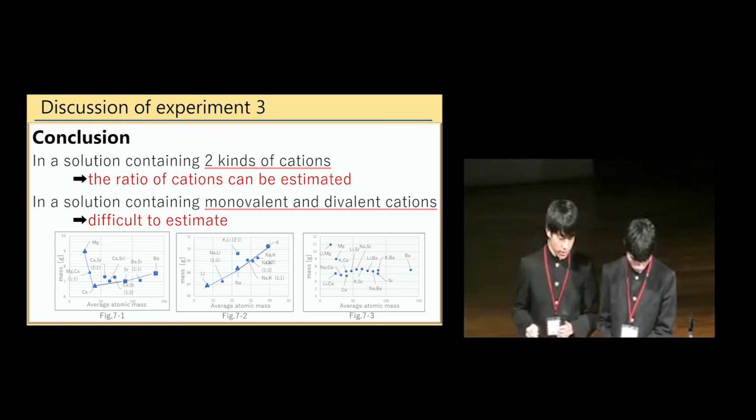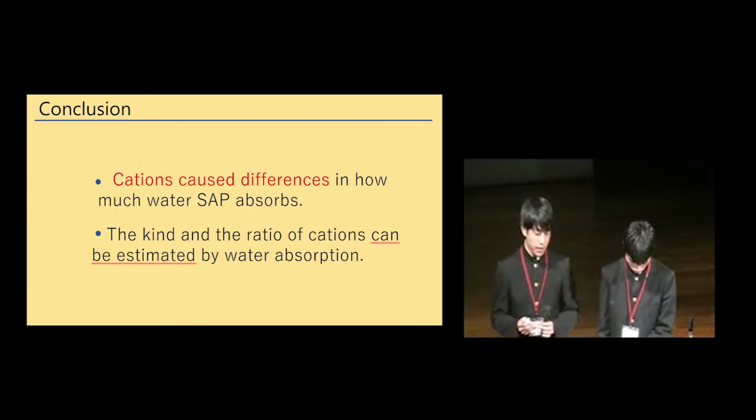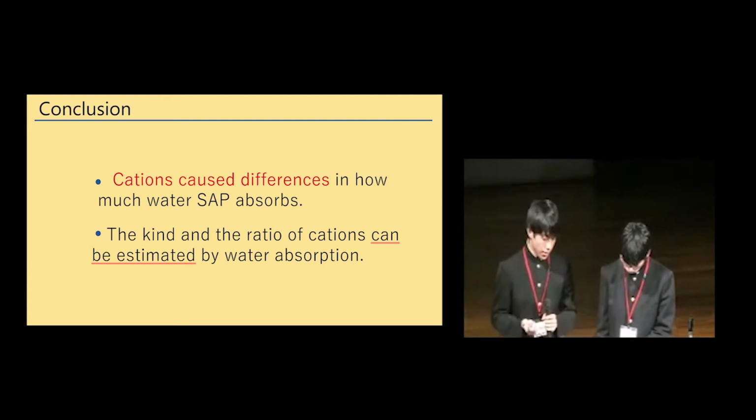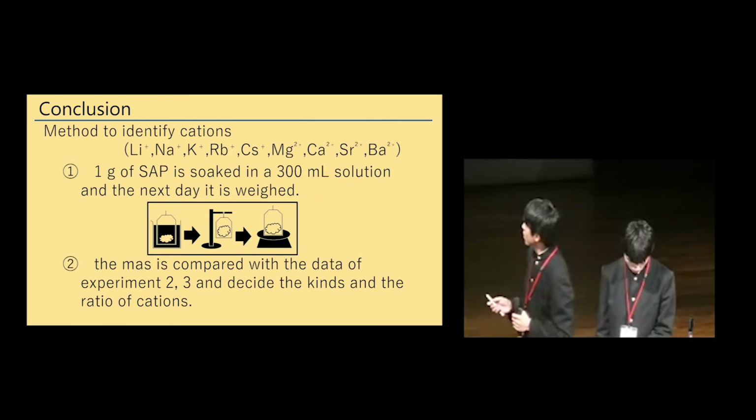Conclusion. From these three experiments, we have discovered that cations in electrolyte solutions cause differences in how much water SAP absorbs, and that the kind and the ratio of cations can be estimated by water absorption. We suggest the following procedure as a method to identify one or two kinds of cations among these ions.